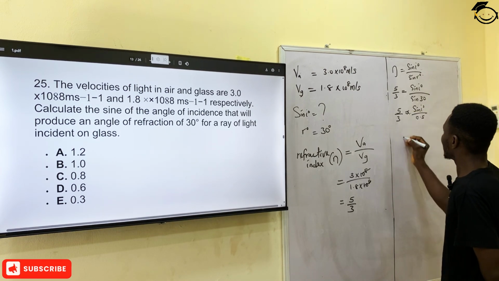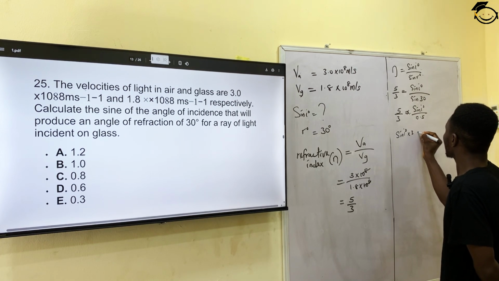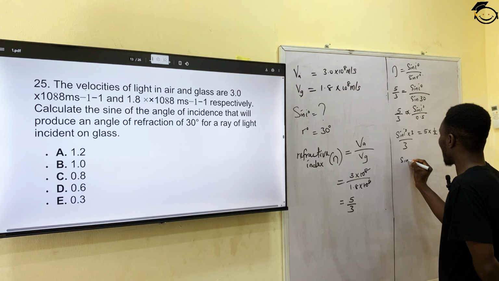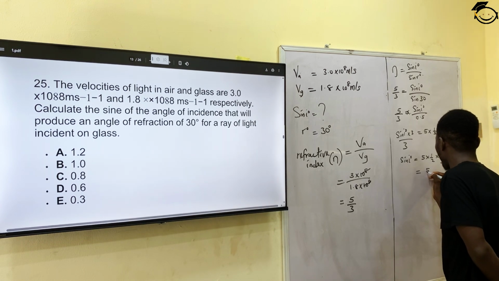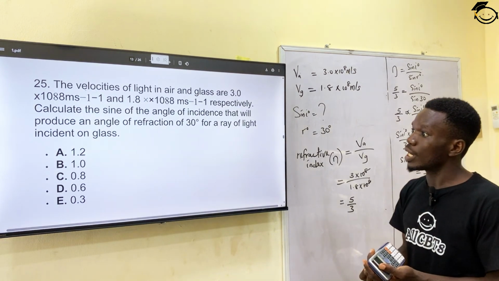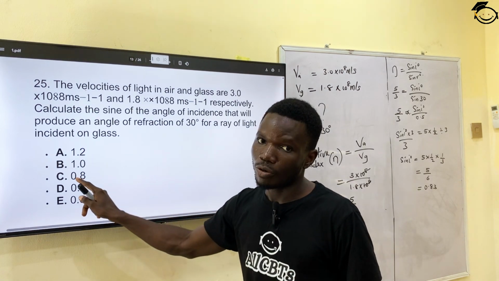So if I cross multiply, at the end of the day, I'll have sine of the angle of incidence times 3 equals 5 times 1/2, which is 0.5. So if I divide both sides by 3, that will give me sine i to be 5 times 1/2 times 1/3, and that will give me 5/6, and that should give me 0.83. So if we check our options here, the answer to this question will be 0.8, which is what?